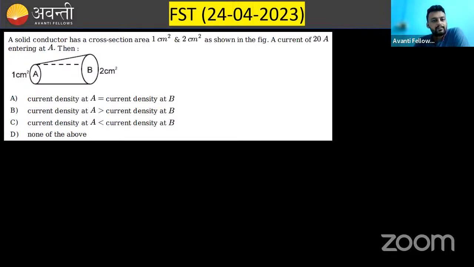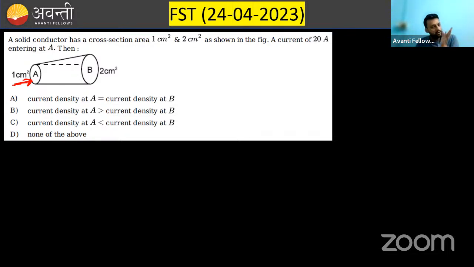This is again a simple question. A solid conductor has a cross-section area 1 centimeter square and 2 centimeter square as shown. A current of 20 ampere enters at A. That means a current of 20 ampere is entering from this side. And we know that charge cannot be accumulated inside the conductor.